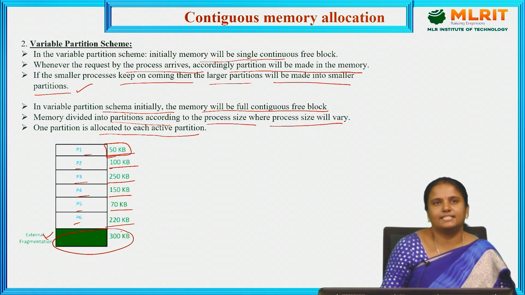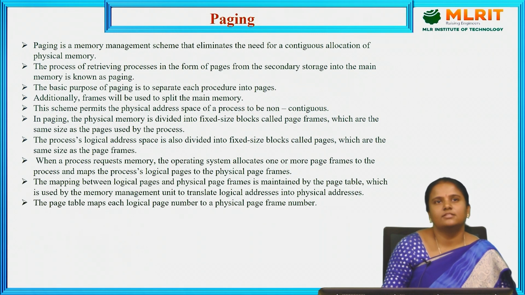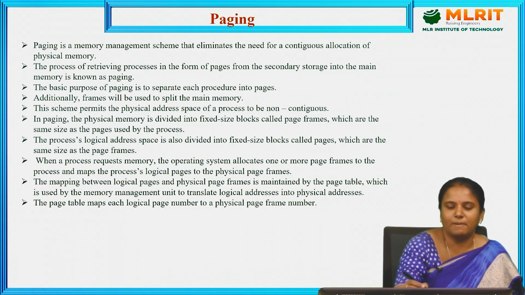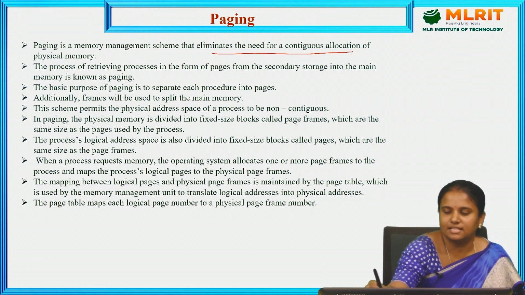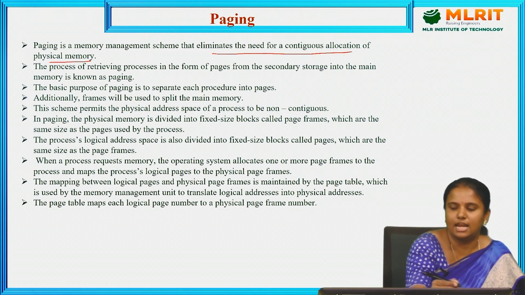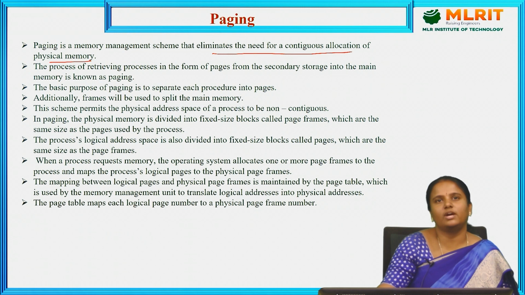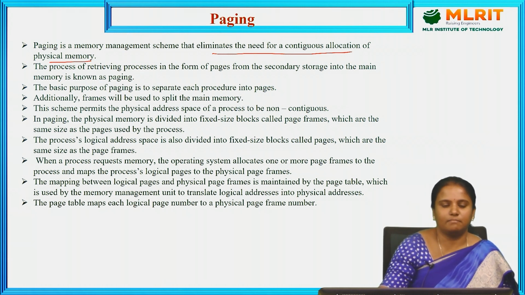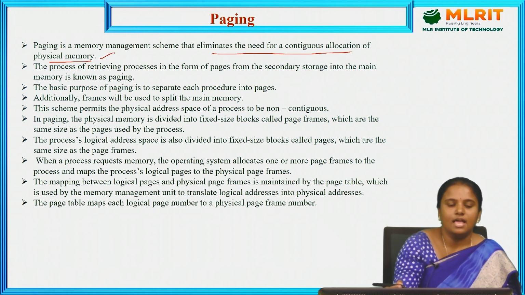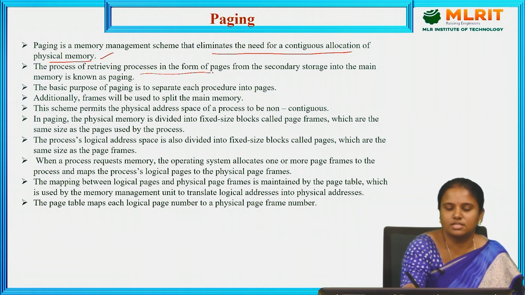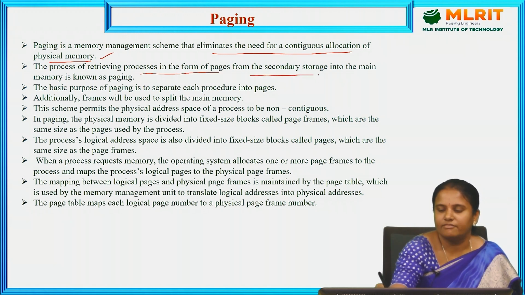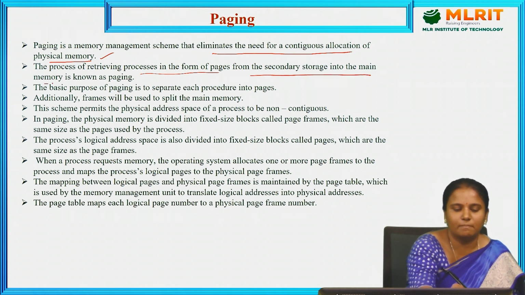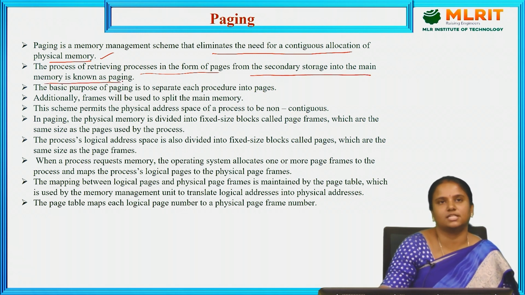Next, let us see paging. Paging is a memory management scheme that eliminates the need for contiguous allocation of physical memory. The process of retrieving processes in the form of pages from the secondary storage into the main memory is known as paging.